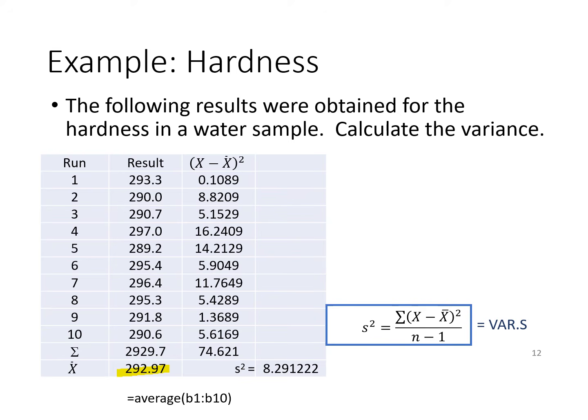We have calculated the difference between the value and the mean and squared that value, and that's this set of values we have here. We've summed those values, and that is the numerator that we have. We'll divide that by n minus 1. N is 10, so we'll divide that by 9, and that provides us with the variance.